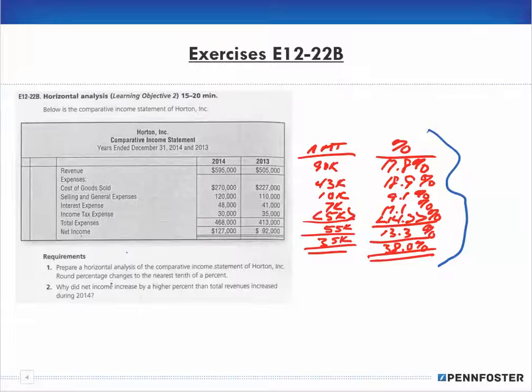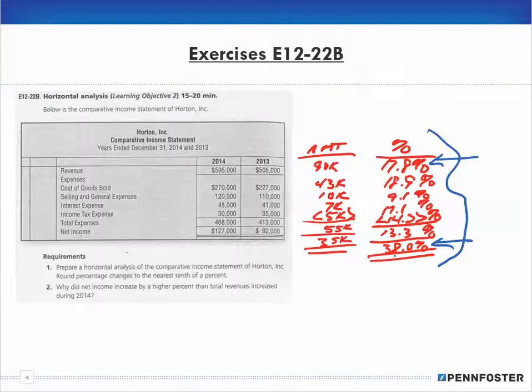So it says here, why did net income increase by a higher percentage than total revenues increased during 2014? Our net income is 38%, and our total revenues are 17.8%.